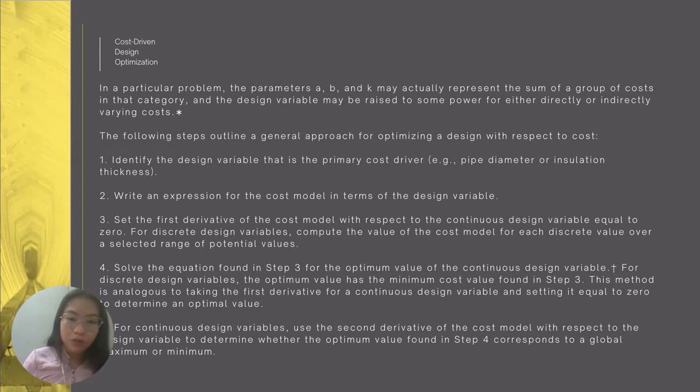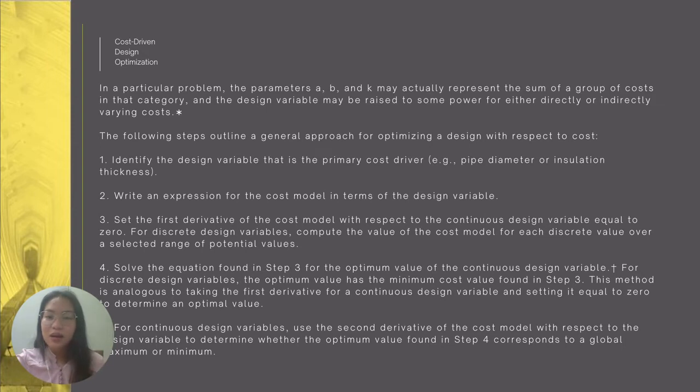So the following steps outline a general approach for optimizing a design with respect to cost. Let's go through these 5 steps. First, identify the design variable that is the primary cost driver. Either it's a pipe diameter or the insulation thickness, the variable you are concerned with, which we call the primary cost driver.